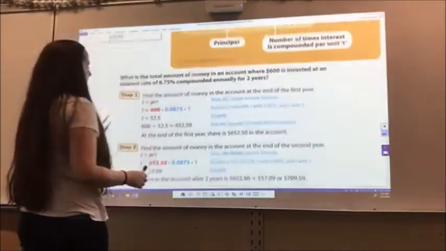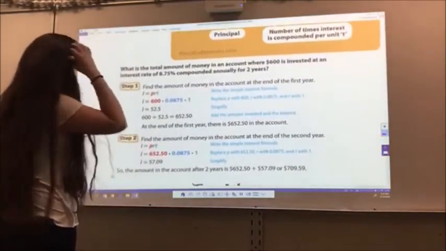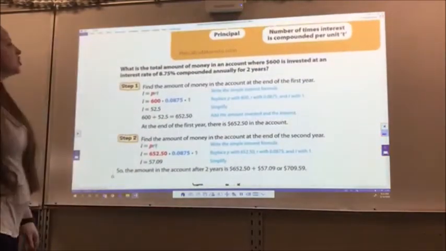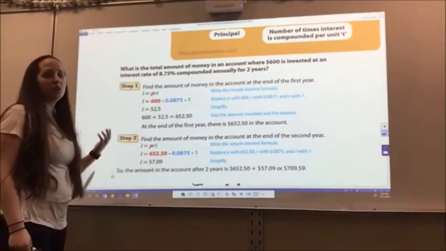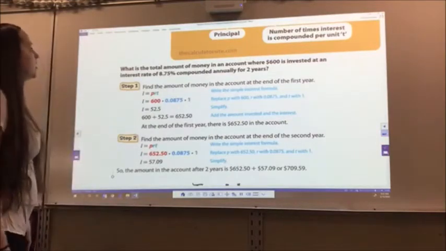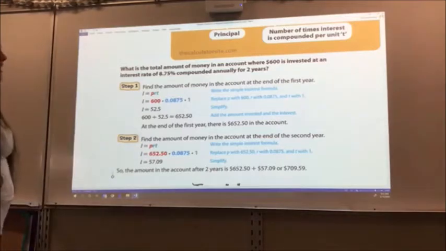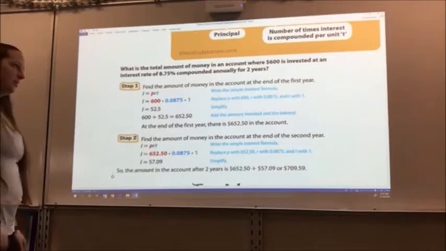Okay. So let's take a look at an example. This example is without using the formula, using the simple interest formula. Okay, so what is the total amount of money in an account where $600 is invested at an interest rate of 8.75%, compounded annually for 2 years? Find the amount of money in the account at the end of the first year.